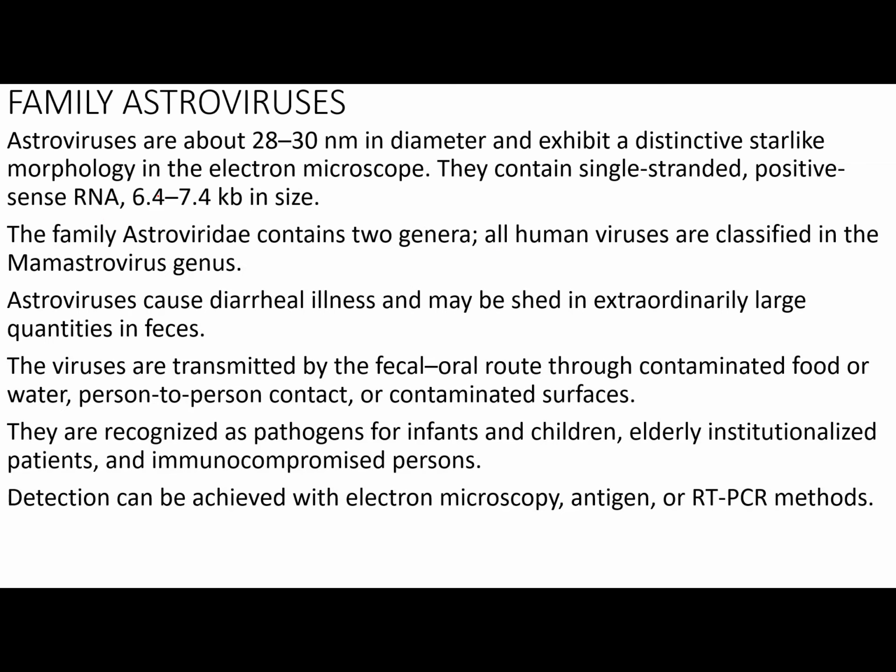Astroviruses would cause diarrheal illness and may be shed in extraordinarily large quantities in feces. The viruses are transmitted by the fecal-oral route through contaminated food or water, person-to-person contact, or contaminated surfaces. They are recognized as pathogens for infants and children, elderly institutional patients, and immunocompromised persons.